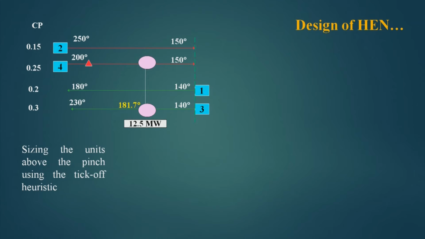By doing so, I am fixing up the size of the unit and also decreasing the number of units. That means, I will move towards the number of units target.